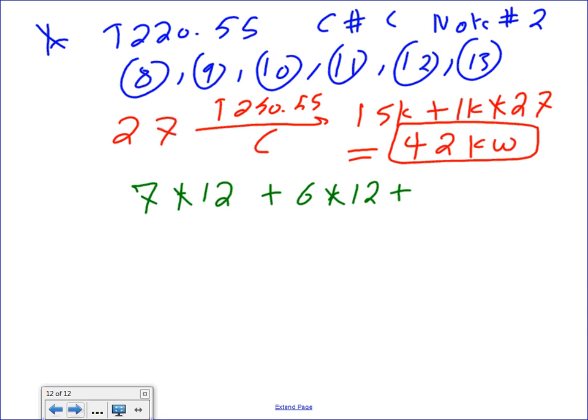That's 1 times 27 plus 15. It says 1 kW for every range, so you multiply. 1 times 27, 27 plus 15 is 42. No, this is a plus, just multiplication. So we are wrong.